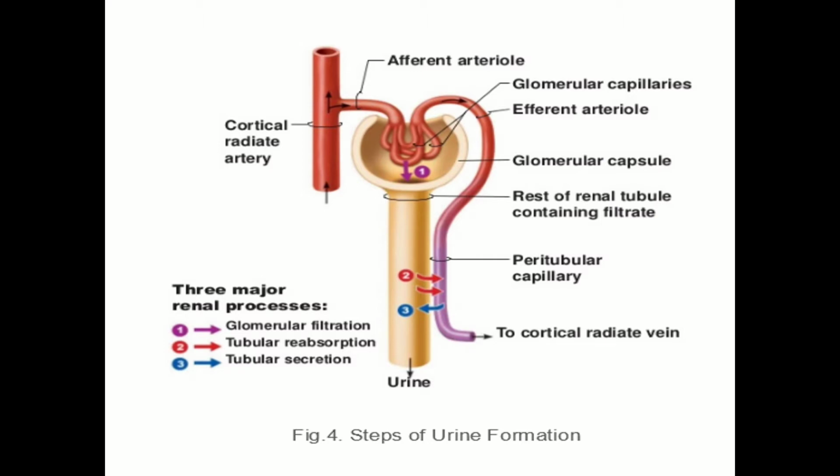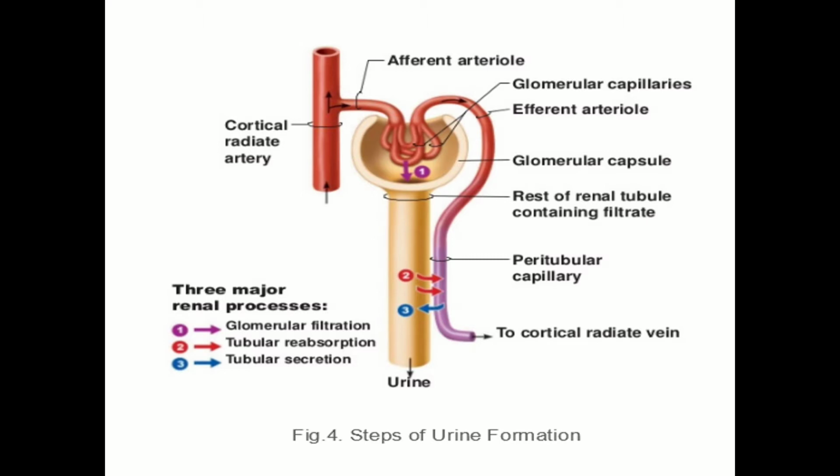And the second step, that is reabsorption. So in reabsorption, the substances like glucose, amino acids, sodium ions, etc. in the filtrate are reabsorbed actively, whereas the nitrogenous wastes are absorbed by passive transport in different segments of the nephron.